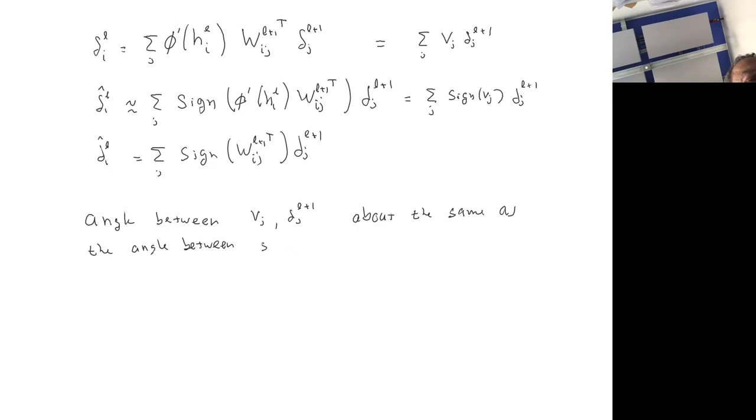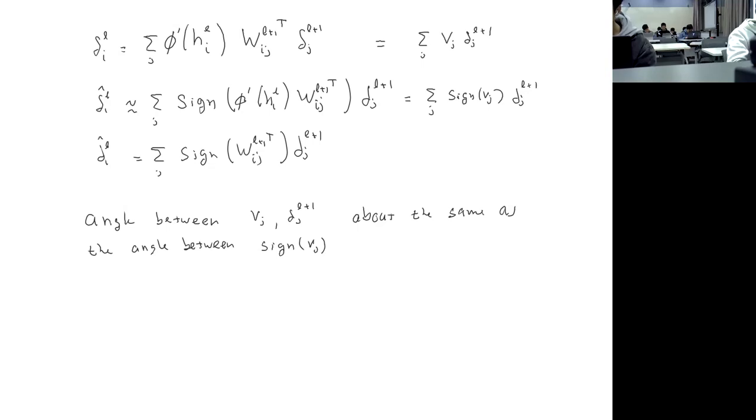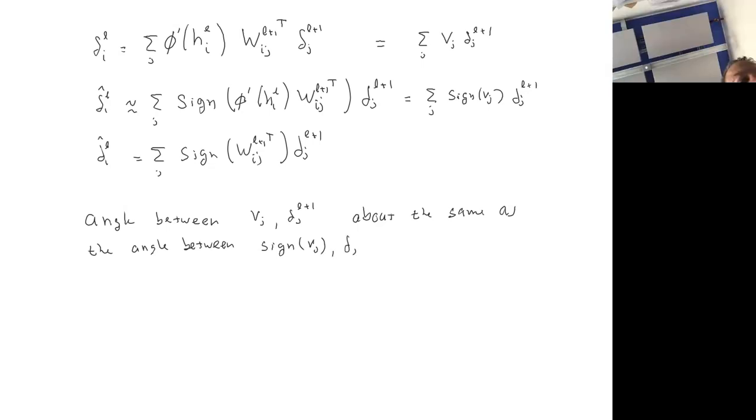Sign Vj and delta J L plus 1. Because it's about the same, then it's going to give about the same answer. And so what we can do is compute basically the cosine, oops.